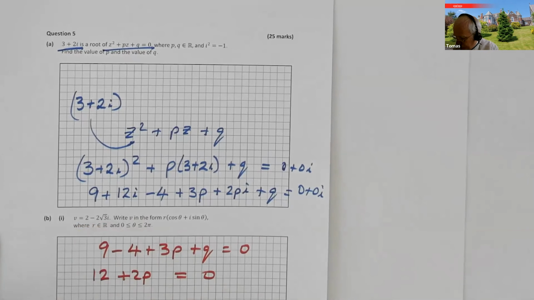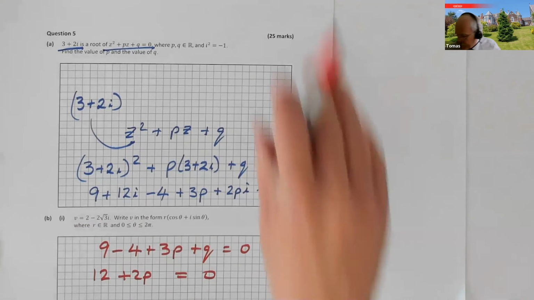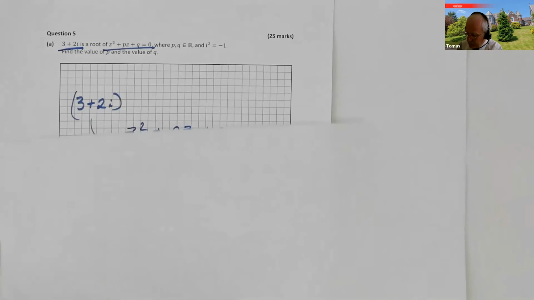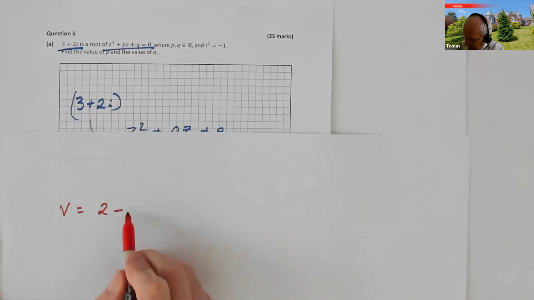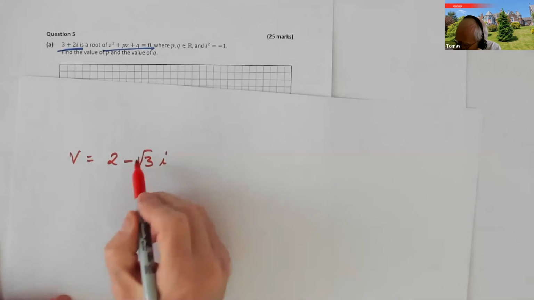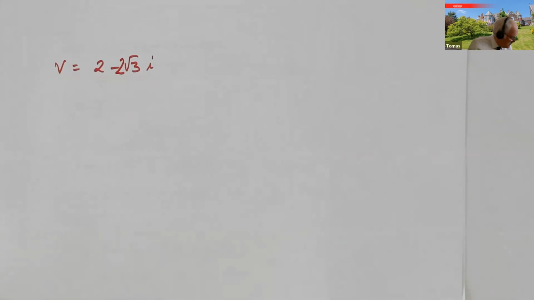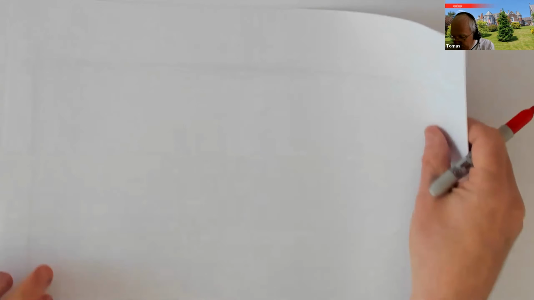v is equal to this, in the form this. So really what you're asked here in this question is you're told that v is equal to 2 minus 2 root 3i. Write that in polar notation. So what you do is you just go to the x-axis. Sorry, I don't have any square left.